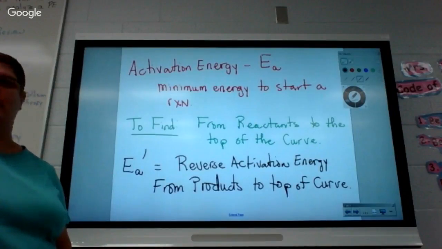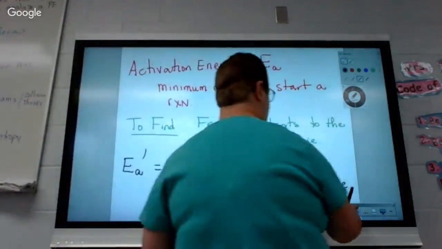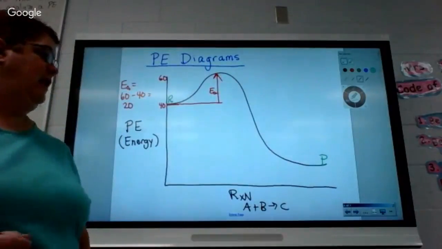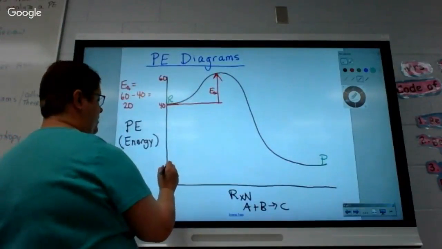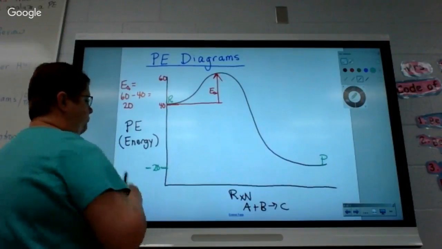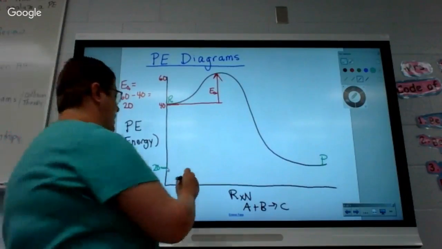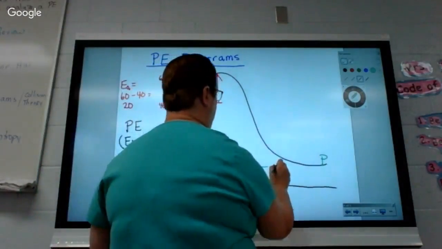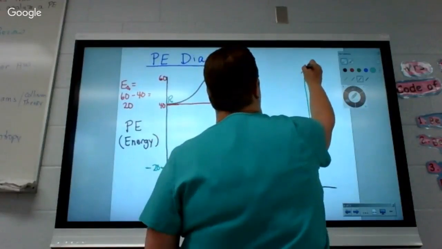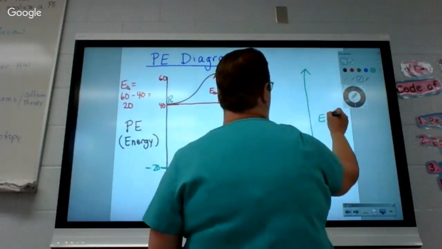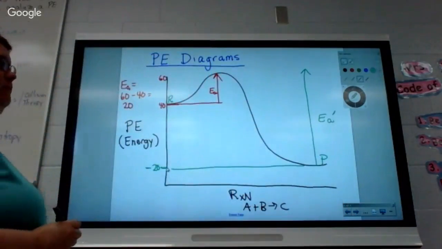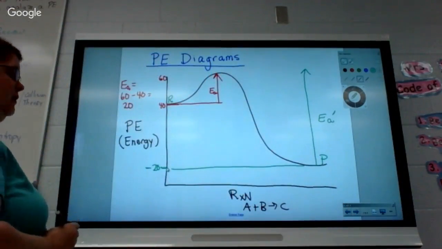All right, does everybody have it? So if we go back to our graph, all right, where do the products start? Down here at the bottom, right? So let's say that this number is at negative 20. Okay? So this time we're going from here all the way up to here to find EA reverse. Okay? All the way to the top of the curve.